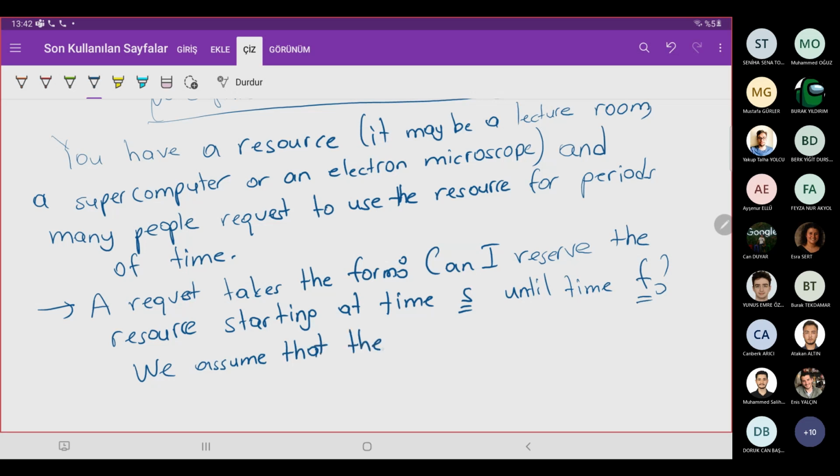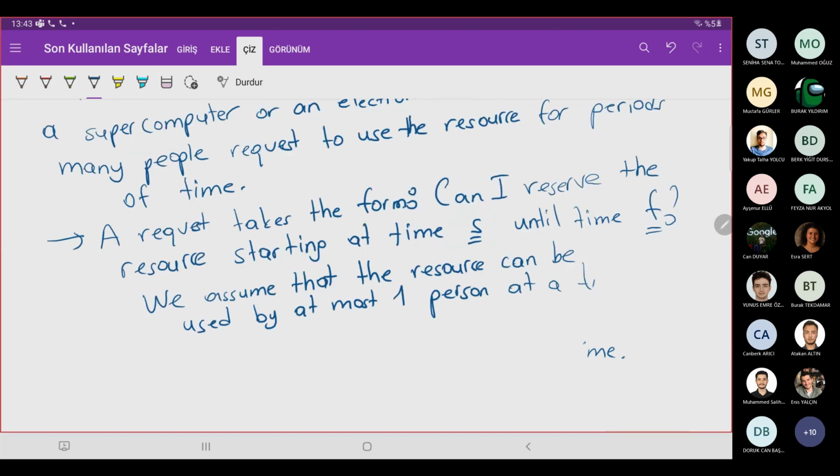and that's a pretty realistic assumption, that the resource can be used by at most one person at a time. At a time, okay?